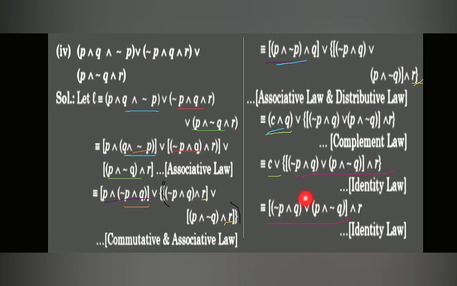Or means parallel. P means S1. This switch is parallel to S1 and ¬S2', and again in series with S3.